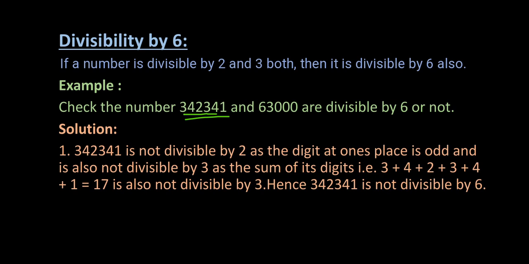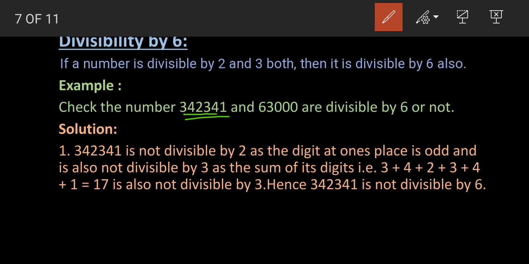Here is the solution. First, this number, 3,42,341, is not divisible by 2, as its last digit is 1, the digit in ones place is an odd number, so it is not divisible by 2.